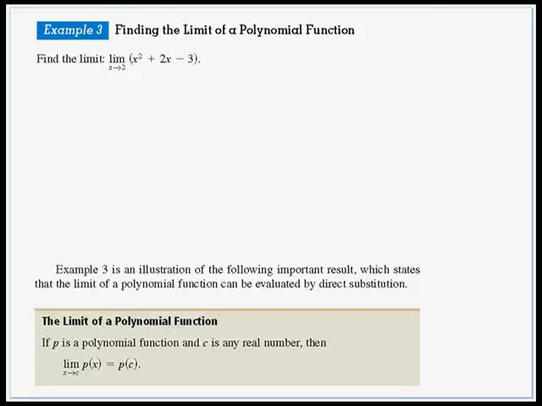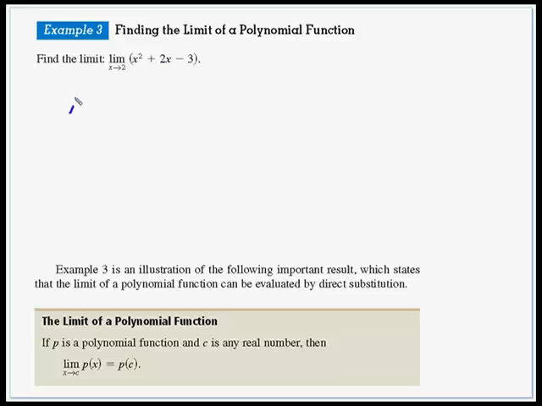So here in example 3, it's telling us to find the limit as x approaches 2 of x squared plus 2x minus 3. And I think what they wanted us to do in the book here is we have the limit of 3 things added together.